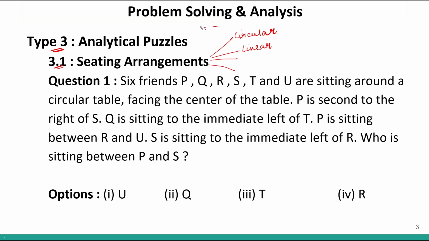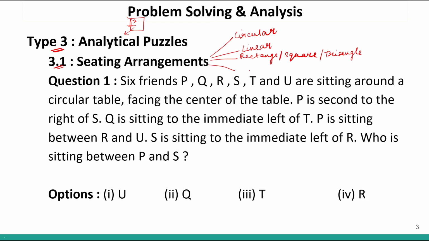Okay? Then rectangle or square or triangle. That means everybody is sitting in a rectangle like this, or square. They can be facing inwards, they can be facing outwards, they can be sitting in the corner, or they can be sitting at the edge. This is possible in all 3 cases, rectangle, square and triangle.